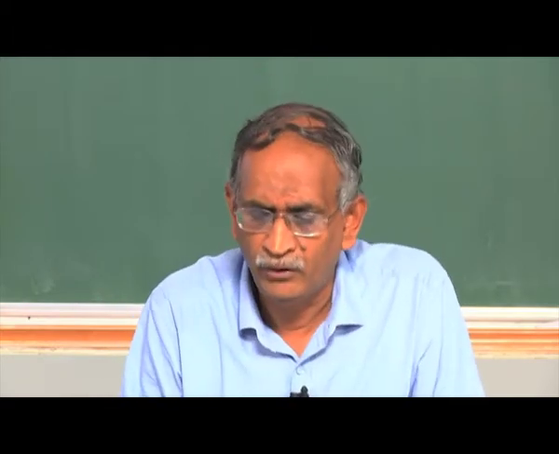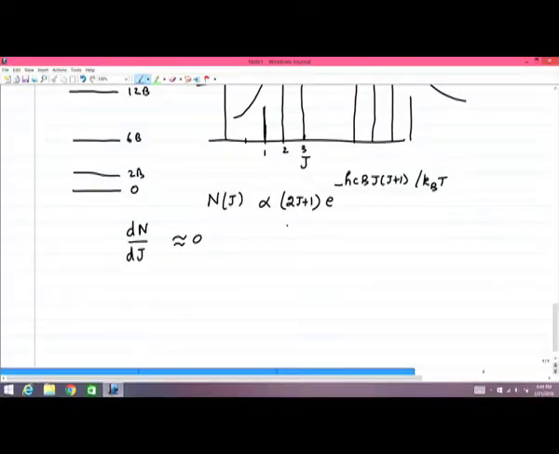Therefore, if you take a derivative like this, the number density gives you the following. The first term of the derivative is 2 times e to the minus hcB J into J plus 1 by kBT.